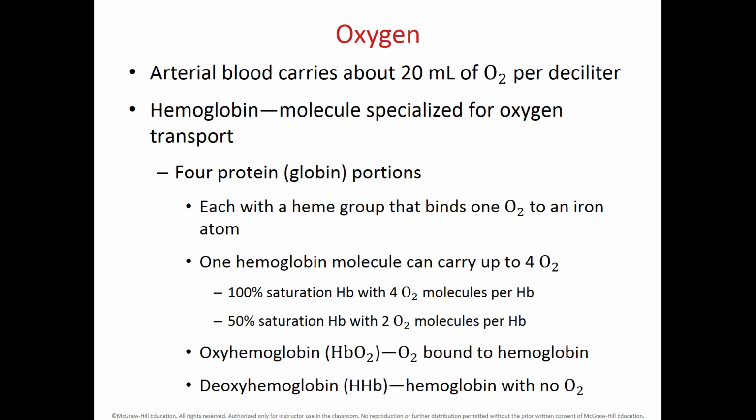And 50% saturation will be when it's carrying half of these molecules, or 2 molecules of oxygen. When oxygen is bound to hemoglobin, it forms oxyhemoglobin, or HbO2, and when oxygen is released from hemoglobin, it forms deoxyhemoglobin, or HHb.